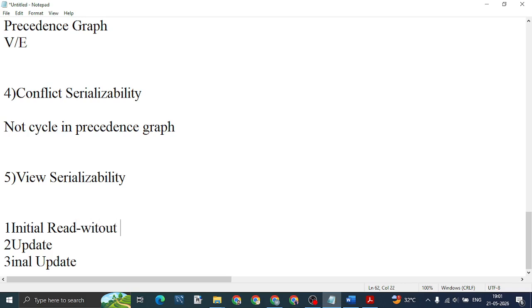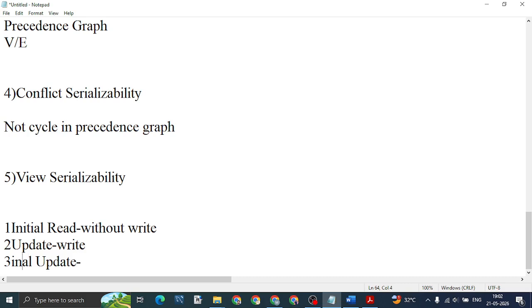Initial read means, without any prior write, if any transaction reads the data item in the given schedule, then in the corresponding serial schedule also that transaction must read the same item. Update means whatever item is written by one transaction and read by some other transaction, that order must be followed in the remaining schedules.